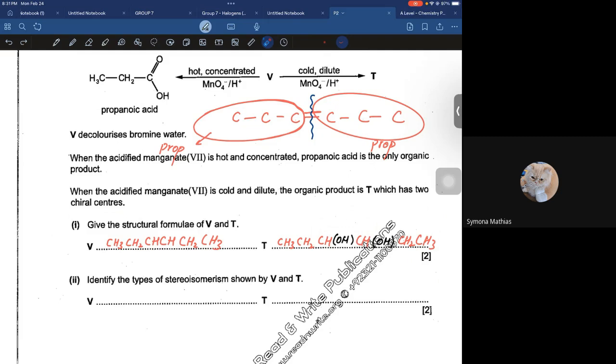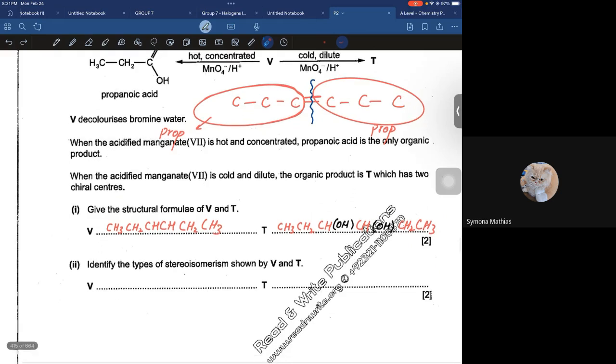I told you a chiral center is one which is attached to four different groups. That's the chiral center. So it is going to give us two chiral centers.